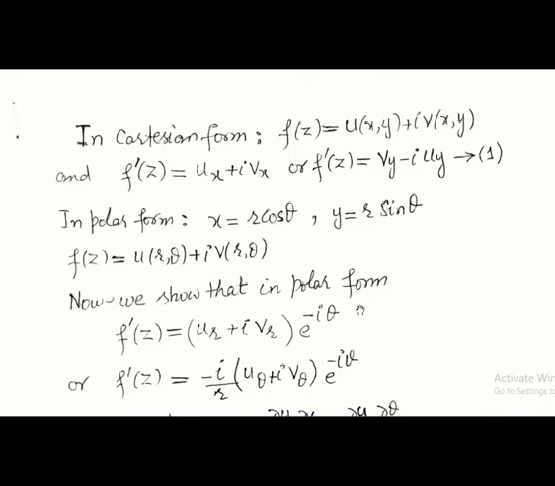Now we show that in polar form, f prime z can be written as (ur plus iota vr) into e power minus iota theta, or f prime z equals (minus iota over r)(u theta plus iota v theta) into e power minus iota theta.